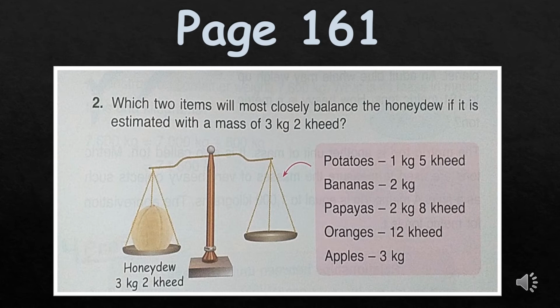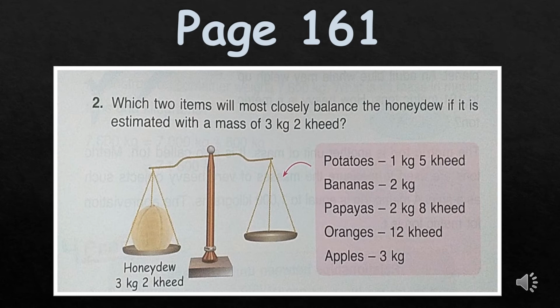The potatoes weigh 1 kilo and 5 kg, and the bananas weigh 2 kilo. So together that is 3 kilo and 5 kg. Is that lighter than 3 kilo and 2 kg? No, so it cannot be potatoes and bananas. How about potatoes and papayas? 1 kilo and 5 kg plus 2 kilo and 8 kg.